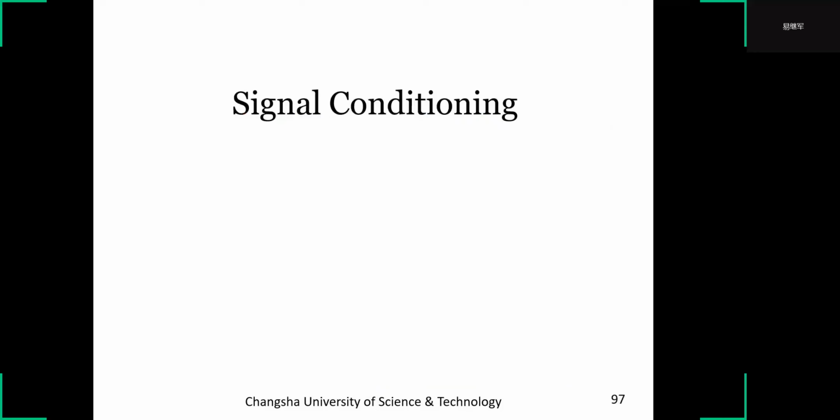Next, we introduce signal conditioning. As we know, the sensors produce the signal, but the signal may not be suitable for processing. So we need to condition the signal and make it suitable for a PC, microcontroller or microprocessor.